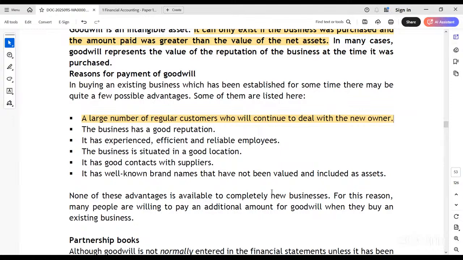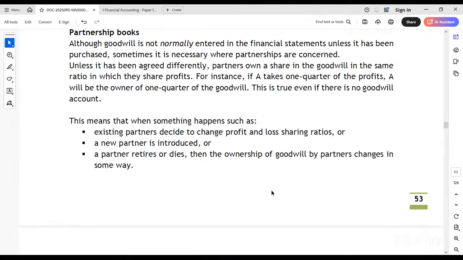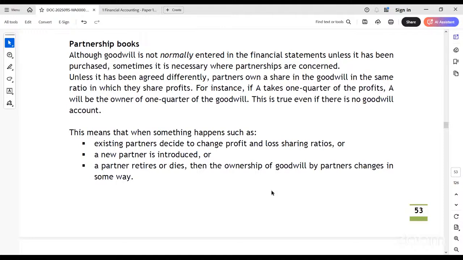Now, what happens in the partnership books? Do we have to account for goodwill when we are dealing with the partnership? Let us see why we have to look at goodwill under the partnership accounts.